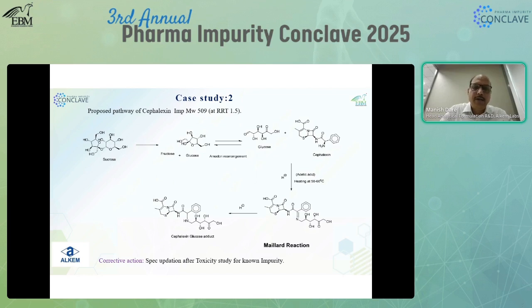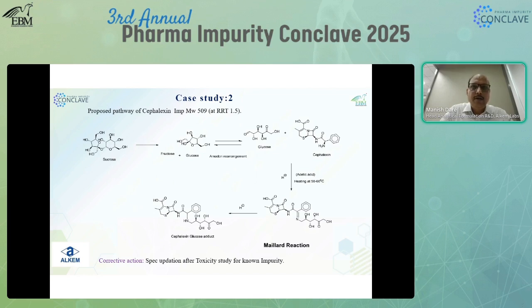So we predicted it and synthesized this impurity using the Maillard reaction, and we confirmed that the cephalexin adduct is this particular unknown impurity, and confirmed it by spiking during the validation activity. But once we performed the validation, the RF came out more than 1, around 1.8 or 2, so the impurity limit becomes double.